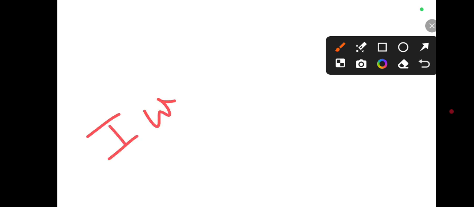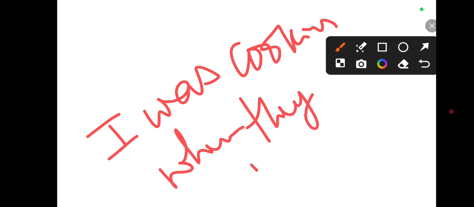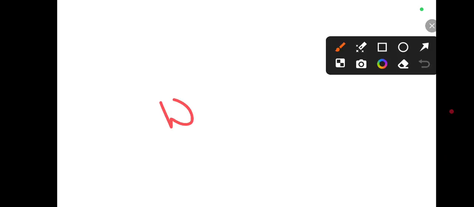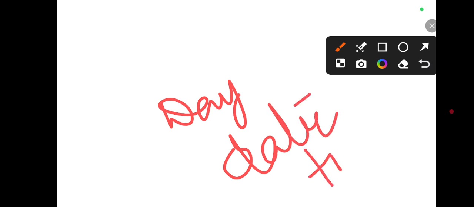So, I was cooking when they were leaving for college. So for all past tense, you have to tell the time, at what time this happened, either through time, through day, through date, but you have to tell the time.